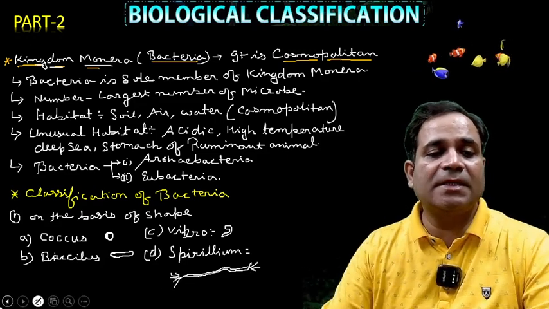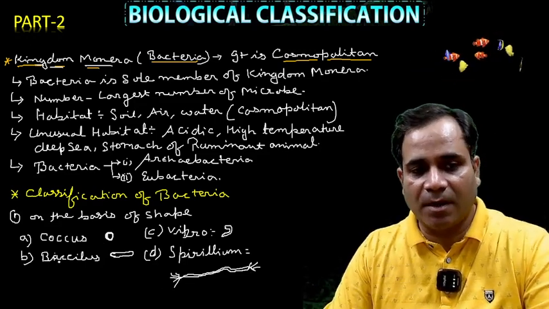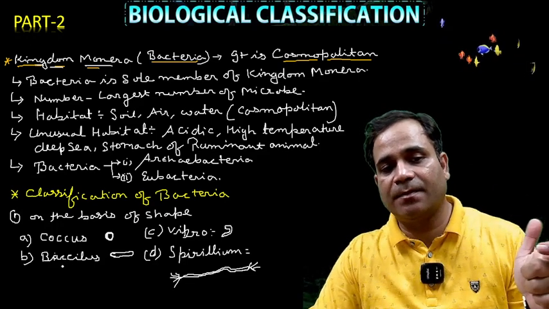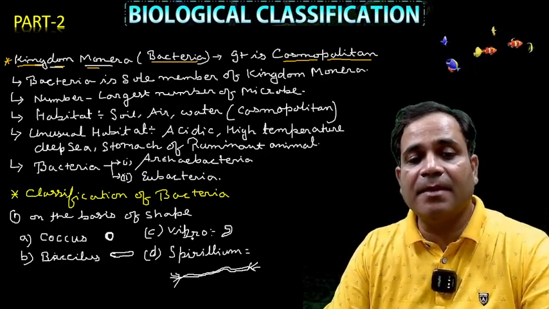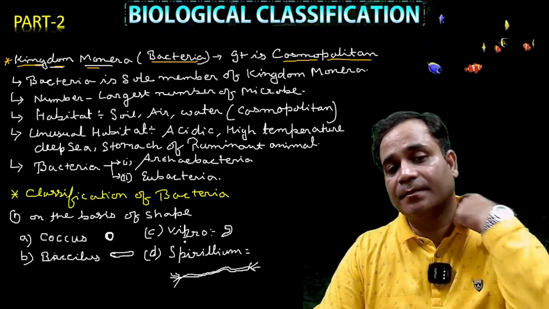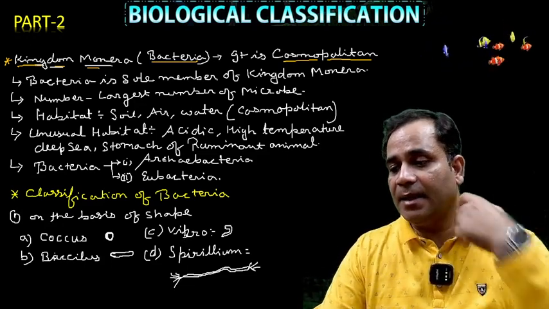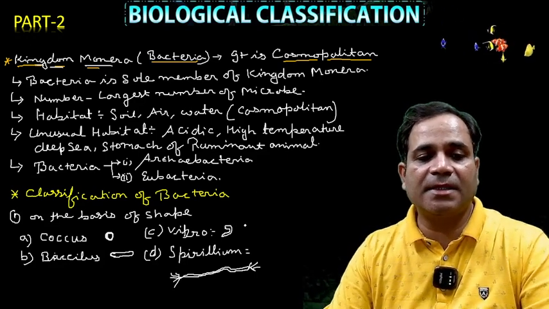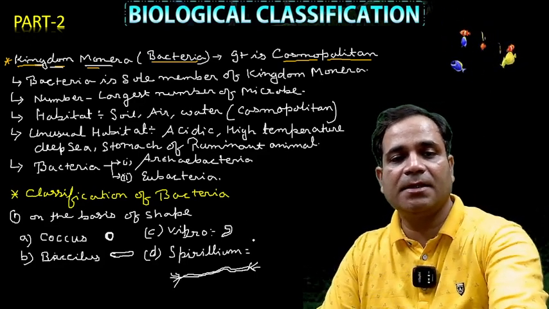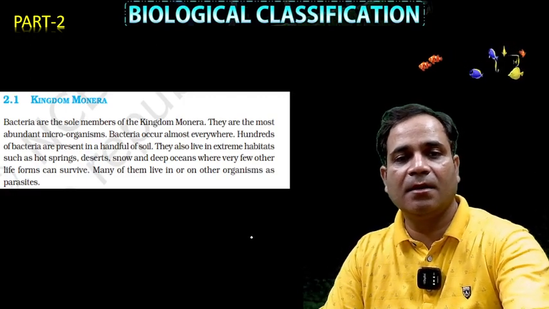Okay, so coccus is singular, cocci is plural; bacillus is singular, bacilli is plural; vibrio is singular, vibrios is plural. Okay, clear. So most common shape, let's see what I'm writing here.